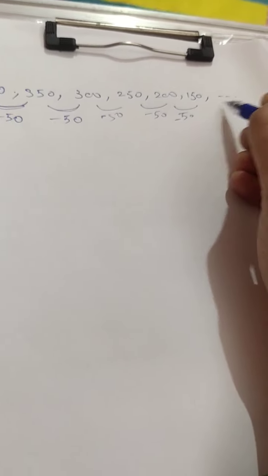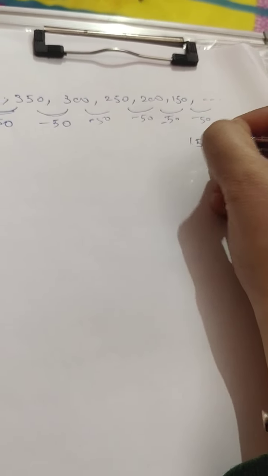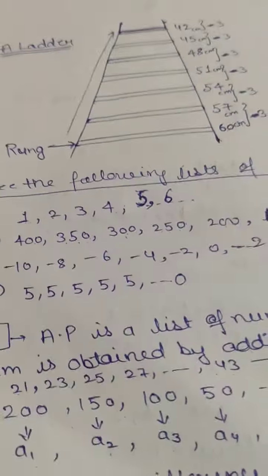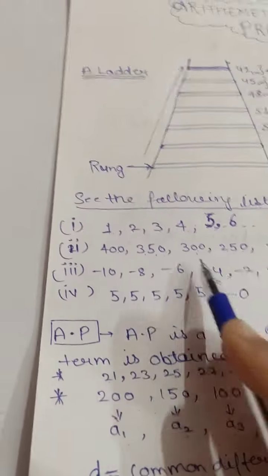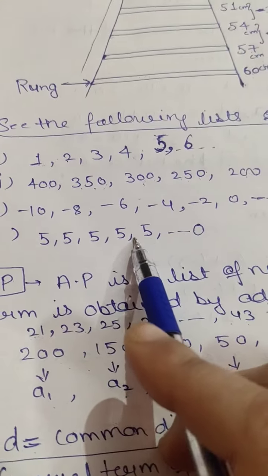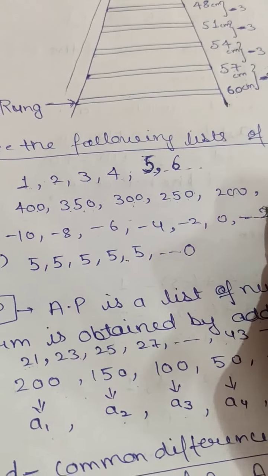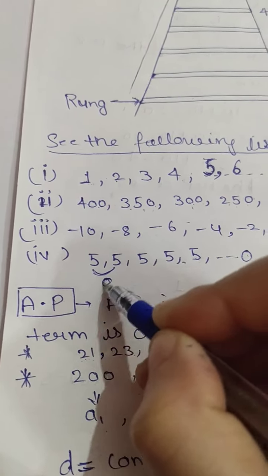So what is the difference in the next term? Also 50. So 150 minus 50 is equal to 100. So this is our next term. Okay, now from this pattern we can easily calculate the next term of the series. Okay, so here we get 2 and here we get 0, because here the difference is 0.